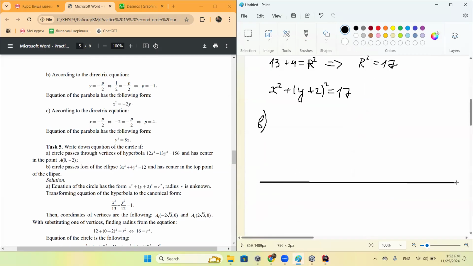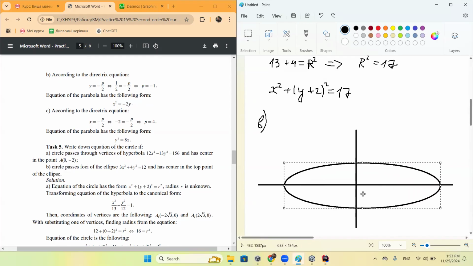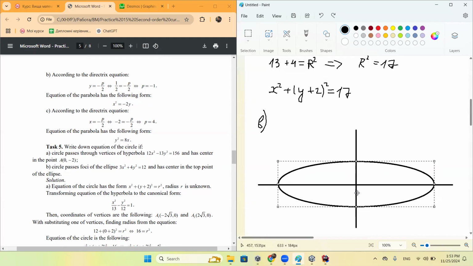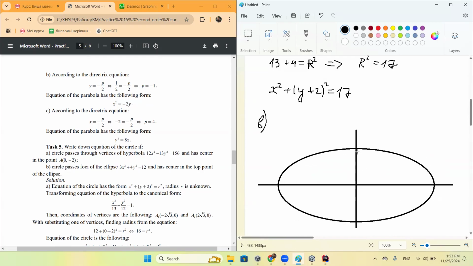Draw graphs. And then let's draw the circle.